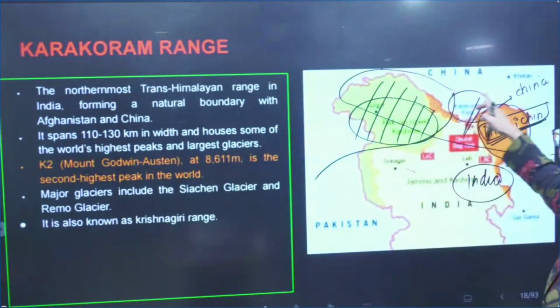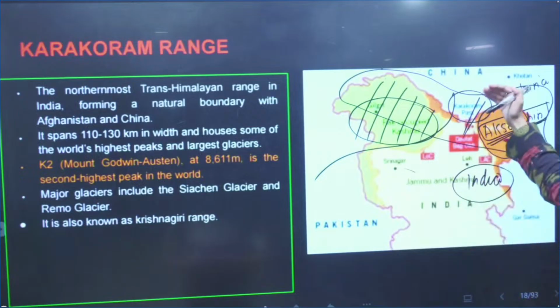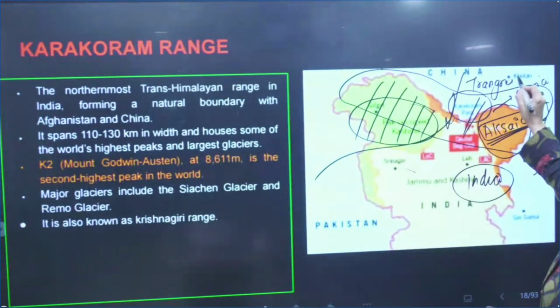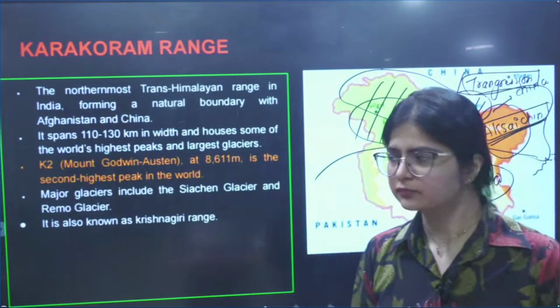Why? Because this region has now become important from the security perspective, first of all because the transgression of China keeps on happening from this region. They are transgressing, that is the right word, transgression of China is there in our territory from this region.